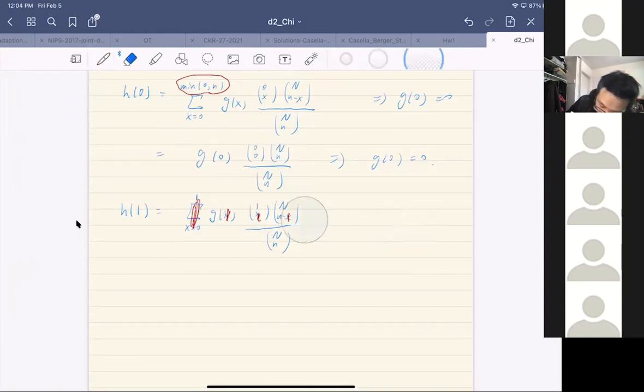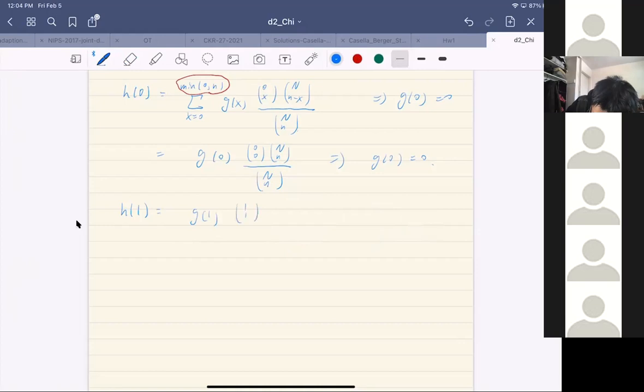So we have the g1, 1 choose 1, n choose n minus 1, and this is 0. That can imply that g of 1 is 0. Okay, and so on. And in the end, we can show that all the gi is 0.